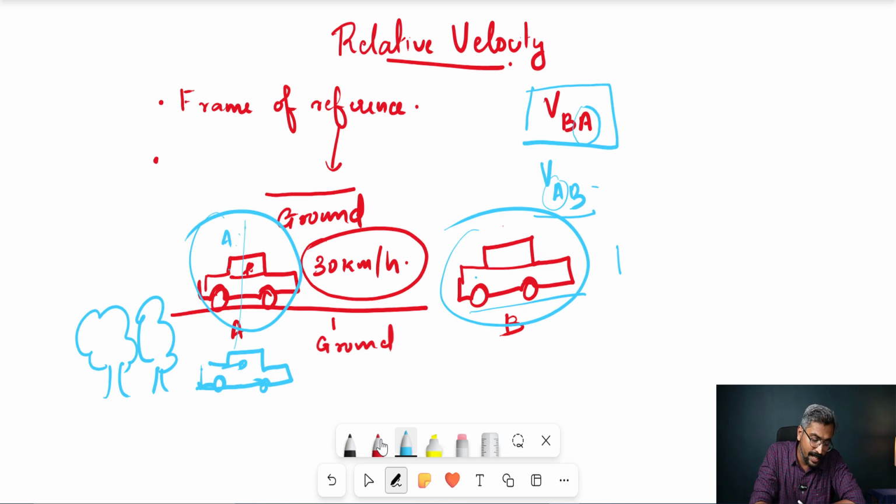Or we can say, if this driver or any co-passengers are turning back and seeing you, then they can also see that your car is approaching them with a different velocity. So this is VAB. So make sure that the denotations are clear. This is a case of relative velocity.